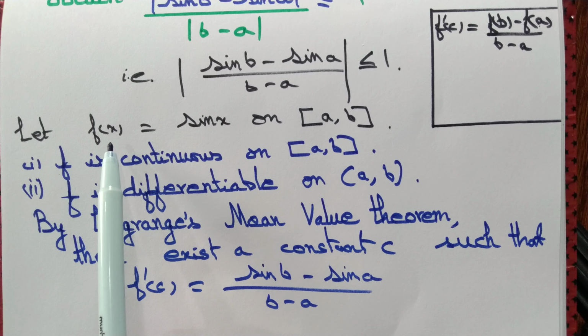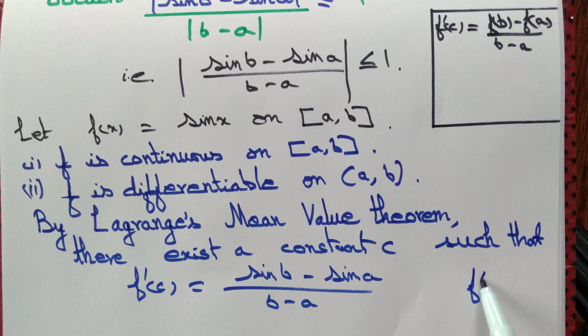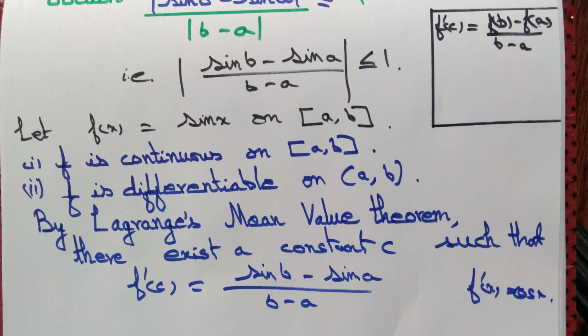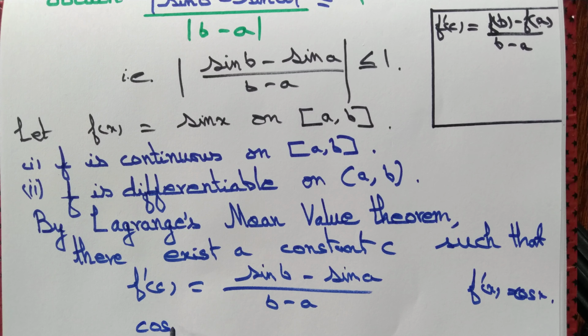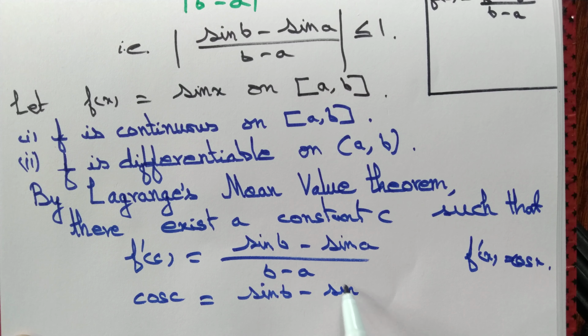But how much is f dash c? f(x) equal to sin x, and f dash x, the derivative of sin x, is cos x. So f dash c is cos of c. There is a constant c such that cos of c equal to sin of b minus sin of a divided by b minus a.